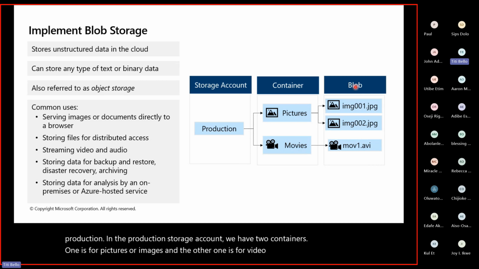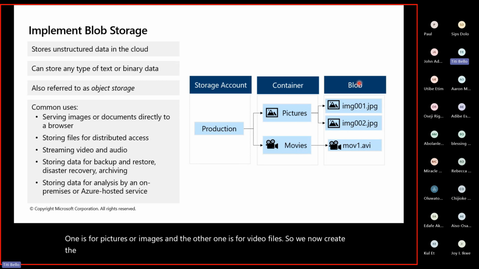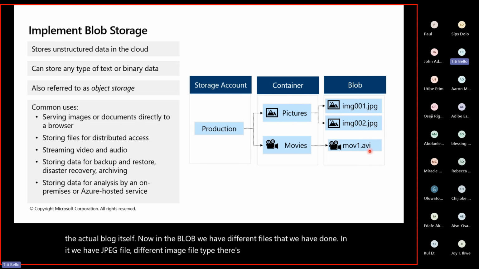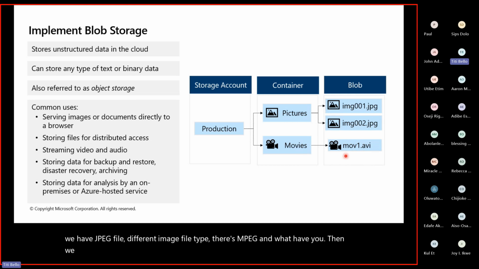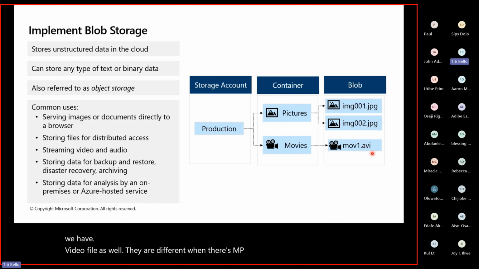So we now create the actual blob itself. Now in the blob, we have different files that we have dumped in it. We have JPEG files, different image file types, there's MPEG and what have you. Then we have video files as well. There are different ones: there's MP4, there's AVI.